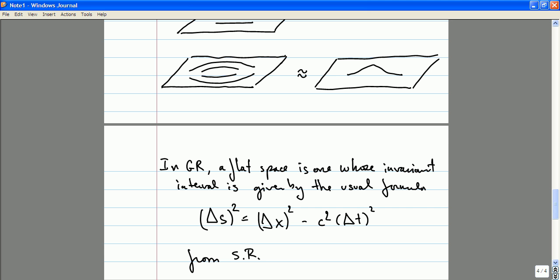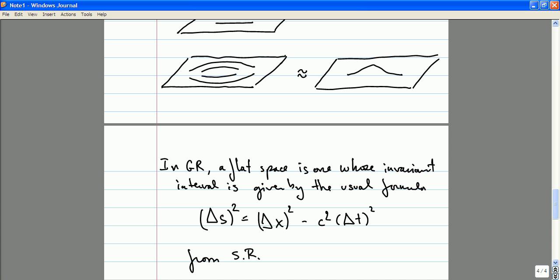So, for example, in general relativity, there are examples of space-times where the spatial geometry, the geometry of space, is completely flat in the sense of Euclid, but where the behavior of the time direction is somewhat different.